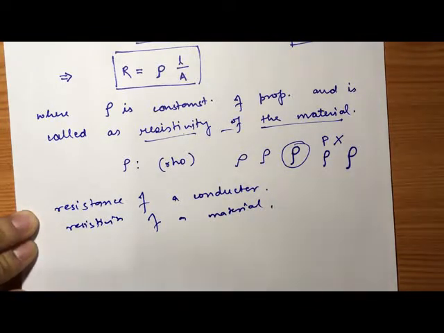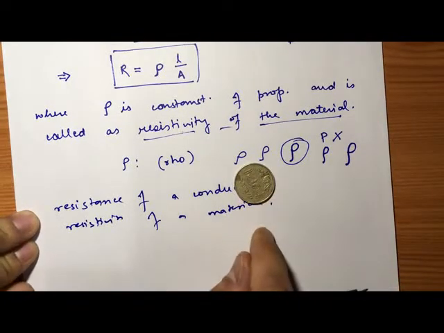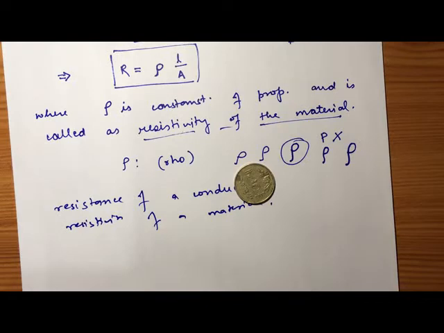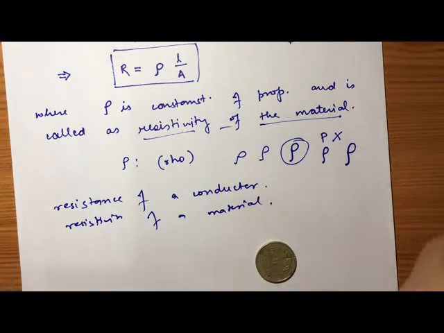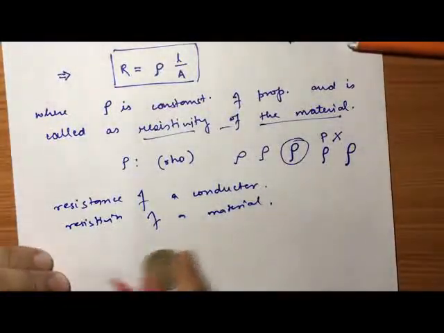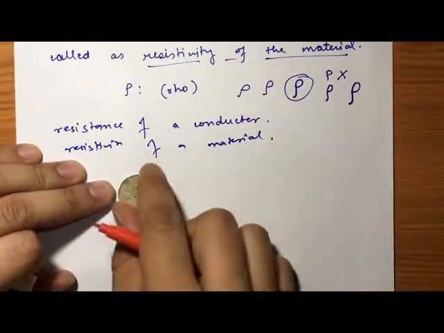So now for an example, I am having a coin here. This is a 5 rupee coin. Now suppose that I have wires, and for those wires I am going to use two sketch pens, okay. In case 1, this 5 rupee coin is held like this.